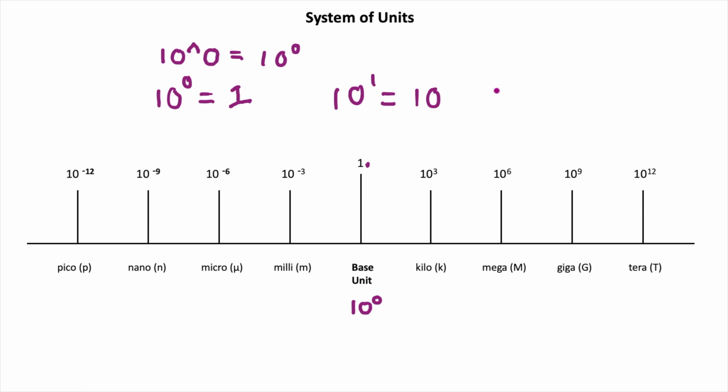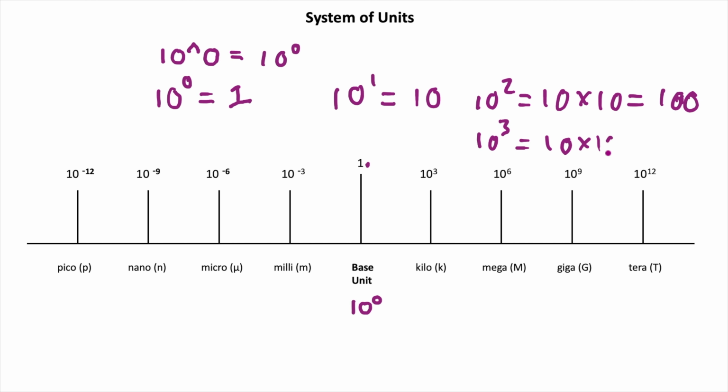And then if you keep walking up the exponents, we would say 10 to the power of 2, which would be 10 times 10. And this is going to equal 100. Or 10 to the power of 3, this is the same thing as saying 10 times 10 times 10 equals, I'm running out of space, 1,000.